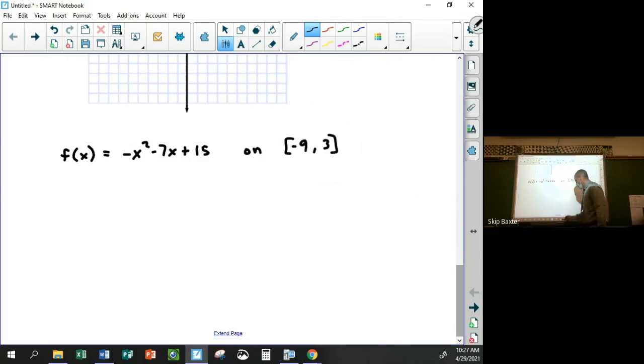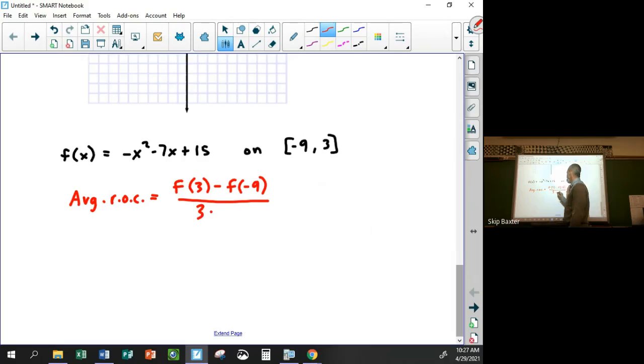Okay, so the average rate of change is f of 3 minus f of -9 over 3 minus -9. And again, the -9 and the 3 are interchangeable, but you just have to be consistent. If I start with 3 here, then I have to start with 3 on the bottom.